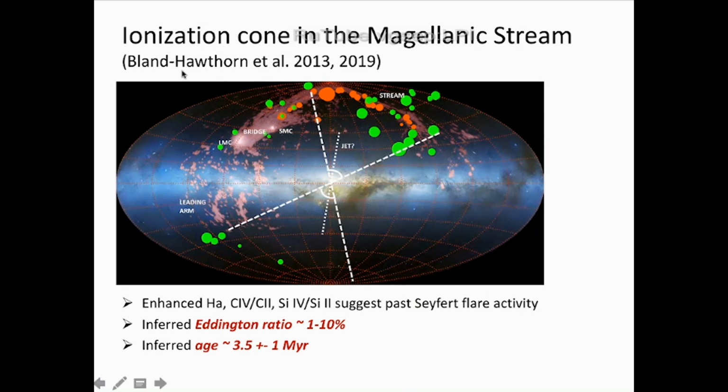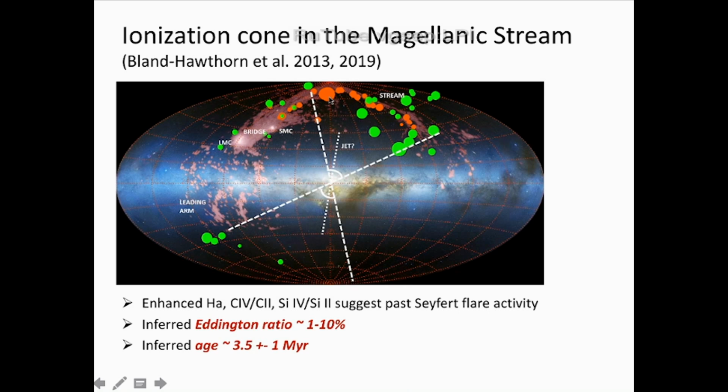Bland-Hawthorn et al. 2013 and 2019 discovered enhanced H-alpha, carbon and silicon ionization lines, suggesting that the galactic center might have gone through a past Seyfert flare activity.